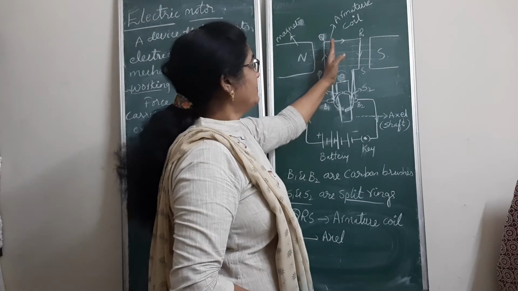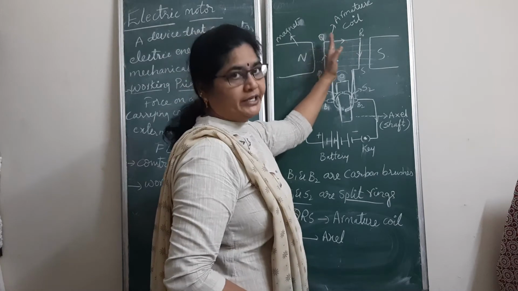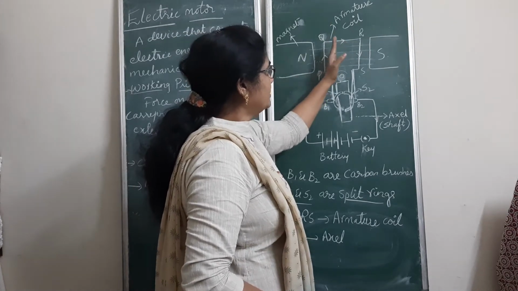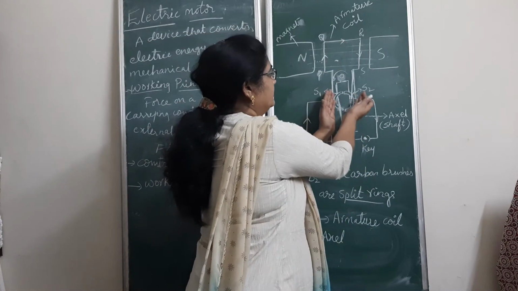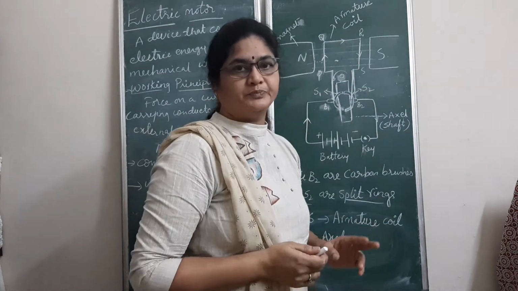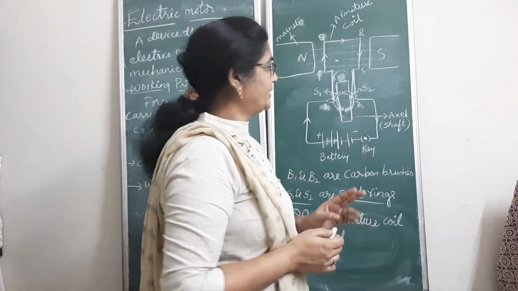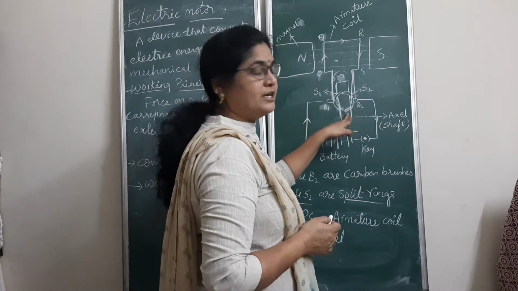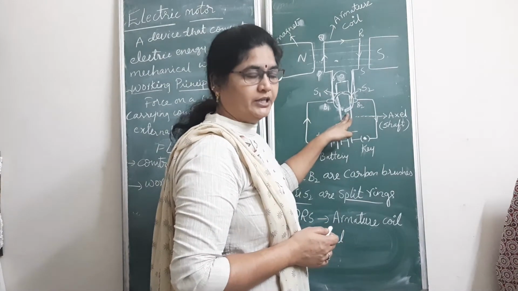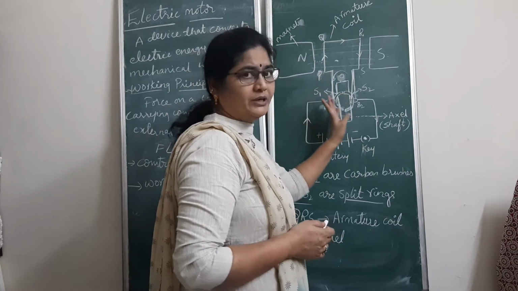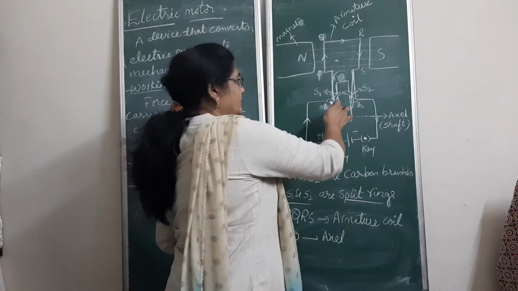When it is rotated like this through 90 degrees, along with this coil, even these split rings rotate. Along with the split rings, even the axle rotates through 90 degrees. When they are rotating through 90 degrees, what will happen here?